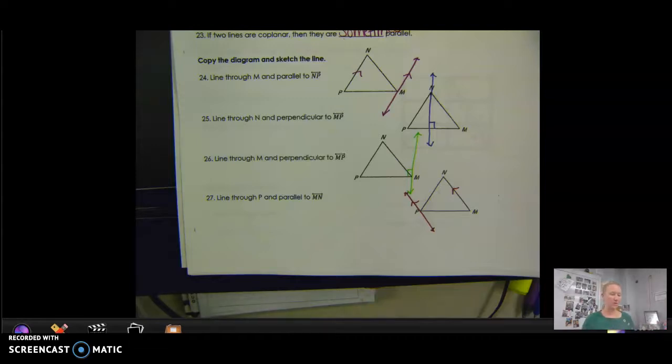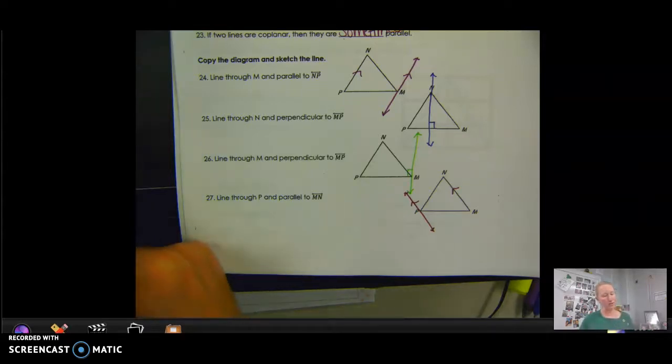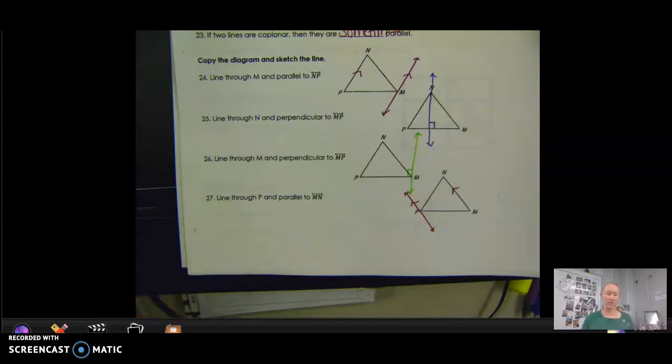I need for you to do questions 1 through 8 on the front. And then on the back, I need for you to do questions 15 through 20. So 1 through 8 and 15 through 20. And then that is all that you need to complete out of this packet so far. Okay? Thanks, guys.